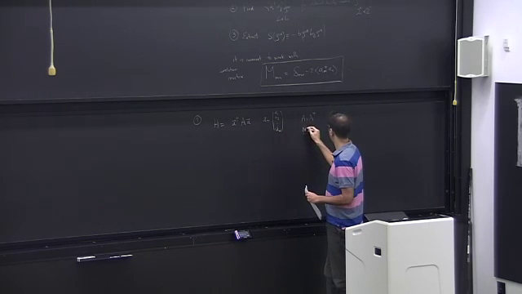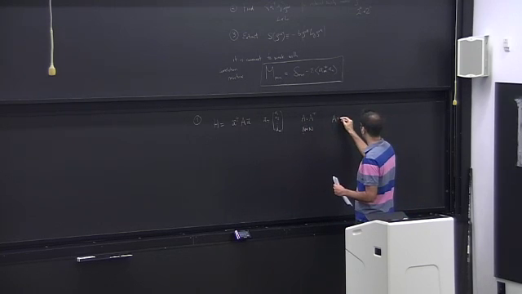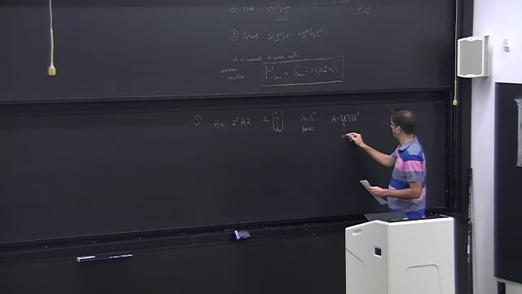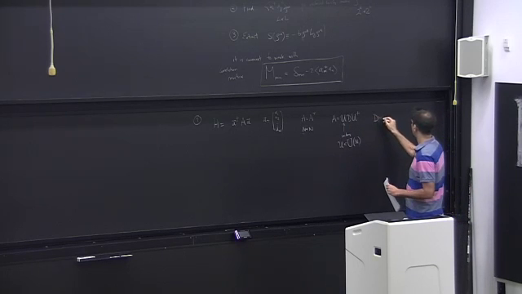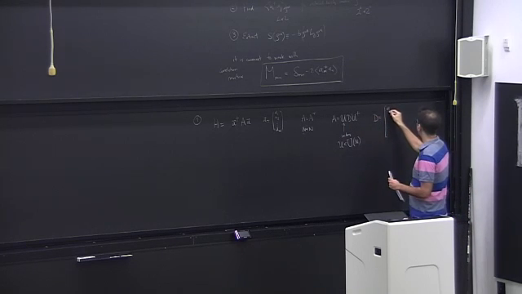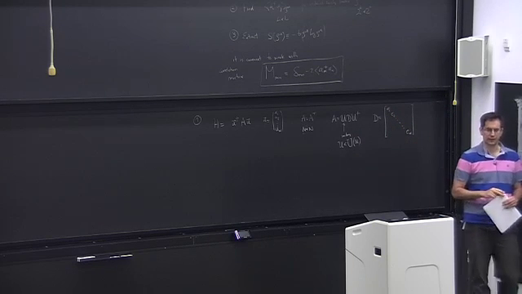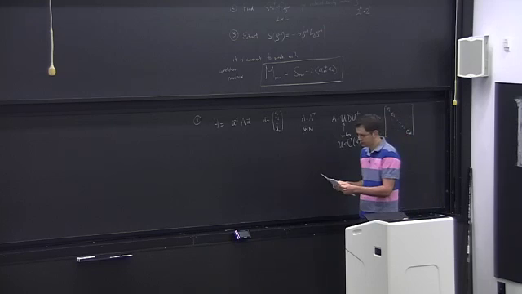It's n times n, Hermitian. And so we know that we can always diagonalize it using some unitary transformation. So U is a unitary matrix n times n. This is diagonal, and it will have, as we've done before, the single particle energies on the diagonal.